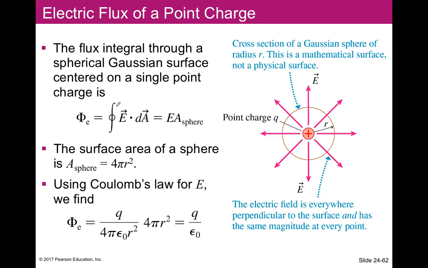Then the flux is still a surface integral of E dot dA, and E dot dA is a vector dot product. So it equals E A cosine theta. However, what is theta in this case?